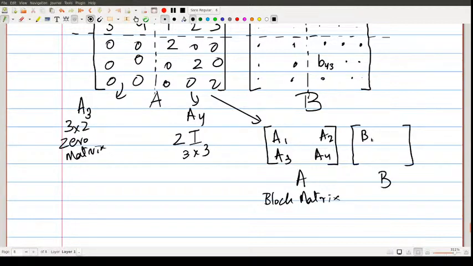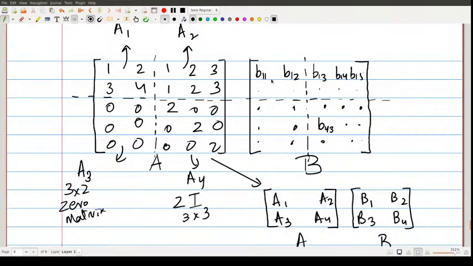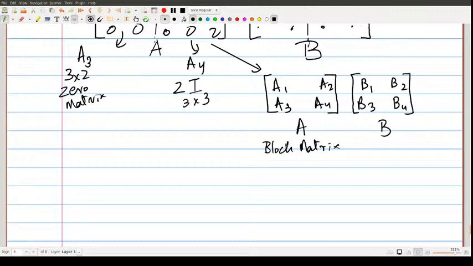So this is, let's say, B1, B2, B3, B4, right? And so B1 is a 2 by 2 matrix, B2 is a 2 by 3 matrix, B3 is a 3 by 2 matrix, and B4 is a 3 by 3 matrix, right? And now if I want to do matrix multiplication, I can simply do the same thing that we do when we do matrix multiplication. And so with block matrices, you can treat these blocks as entries, right?